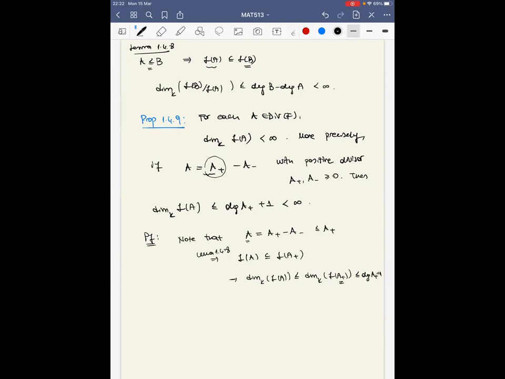So for any positive divisor, if we are able to see this inequality, we will be able to complete the proof. So now our claim is that the dimension of the A space of A plus is less than or equal to its degree plus 1.